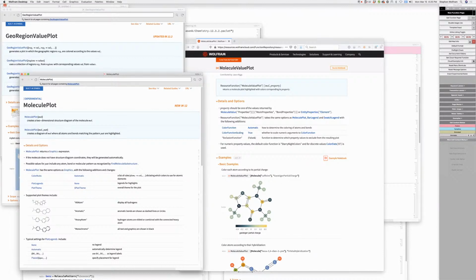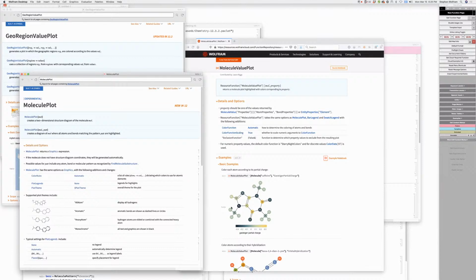So MoleculePlot takes a pattern where these things are highlighted, right? Right. Okay, so what this is doing is applying this function. So in order to get these partial charges for every atom, how do you do that?